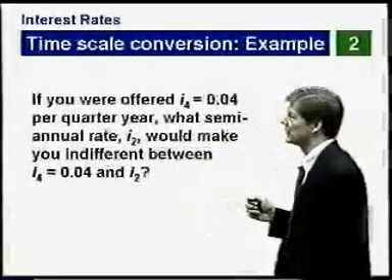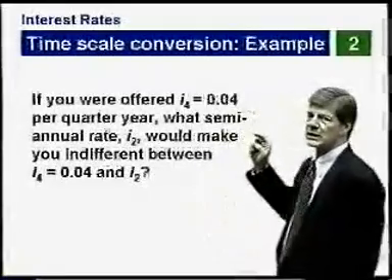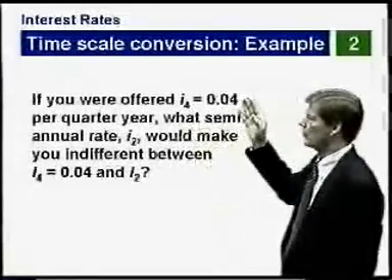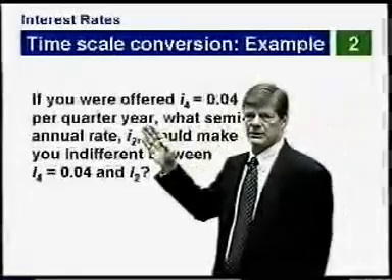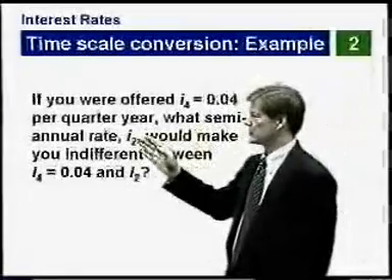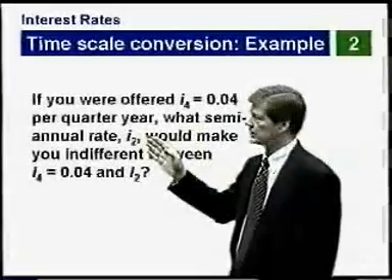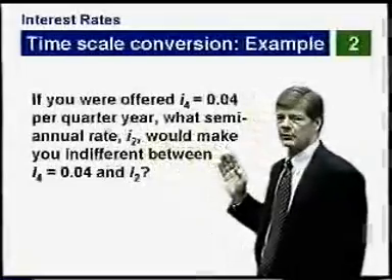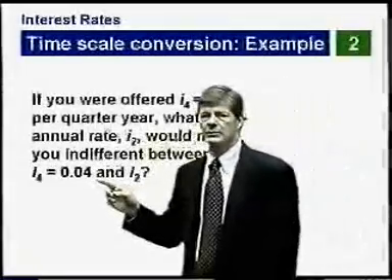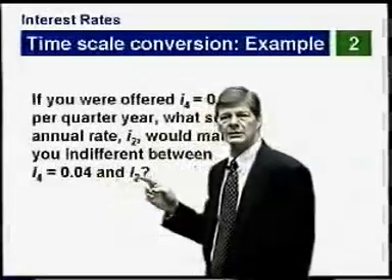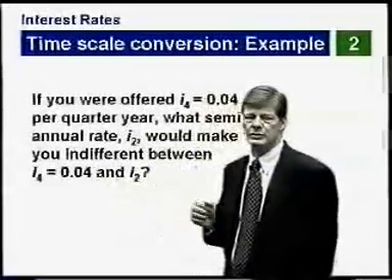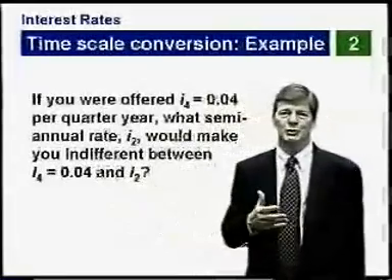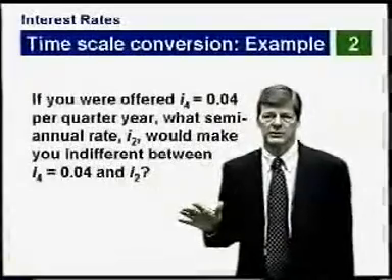If you were offered a quarterly interest rate, and we'll give that the symbol I sub 4, of 4% per quarter year, what semi-annual interest rate, that is every 6 months, let's give that the symbol I sub 2, would make you indifferent between having 4% per quarter year or the semi-annual rate I sub 2, meaning by indifferent, if offered one or the other, you wouldn't care because financially they're equivalent.